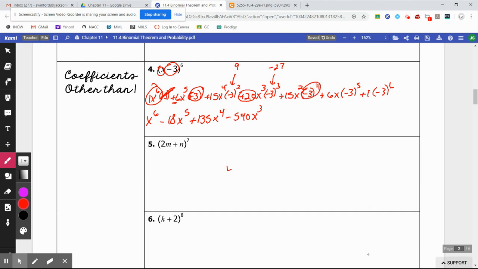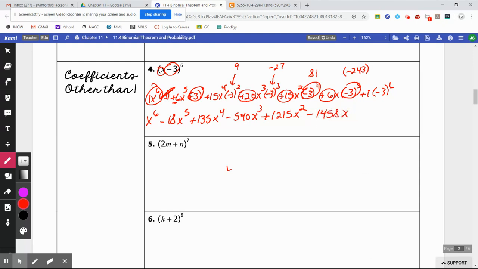-3 to the 4th power is 81, and I also have a +15 in that term, and 15 times 81, I'm going to have to multiply those out. 15 times 81 gives me a 1,215, so positive 1215 x to the 2nd. -3 to the 5th power is a -243, and I've got to multiply that by the 6, so that's going to give me a -243 times 6, 1,458 x to the 1st.